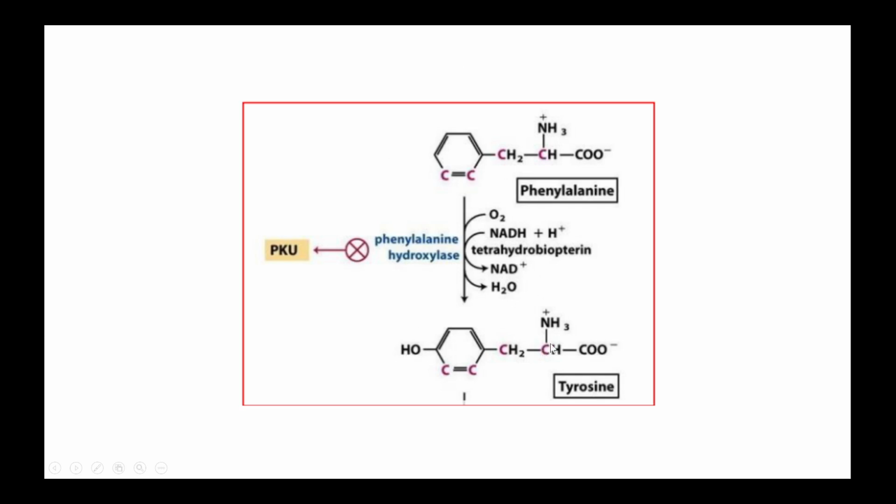The difference between phenylalanine and tyrosine is this OH group at the para position. Para position means it is exactly opposite to this carbon, right? This would be the ortho position.